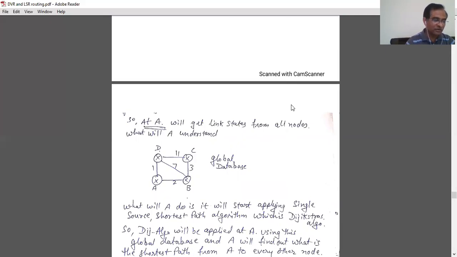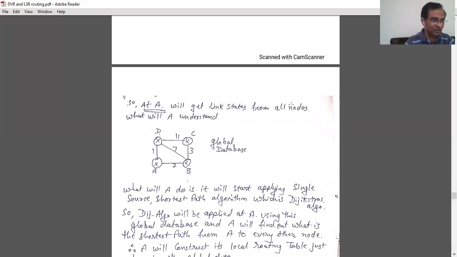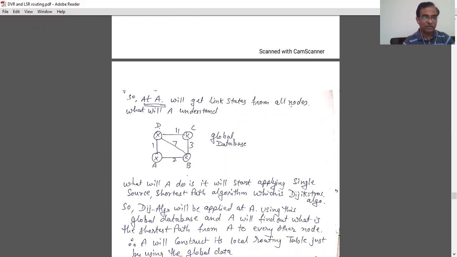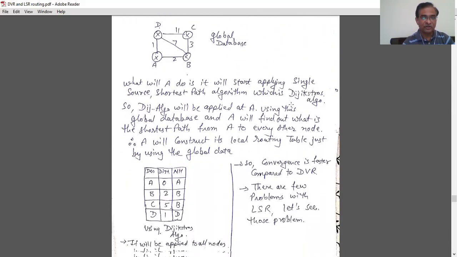So A will start applying the single source shortest path algorithm, which is Dijkstra's algorithm. Dijkstra's algorithm will be applied at A using this global database, and A will find the shortest path from A to every other node. Therefore, A will construct its local routing table just by using the global data.